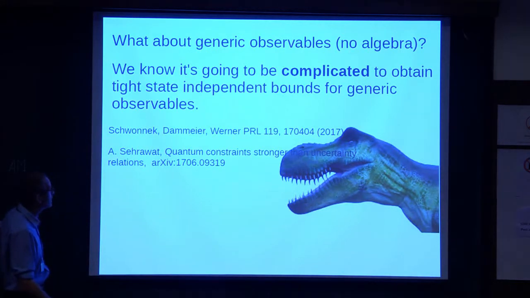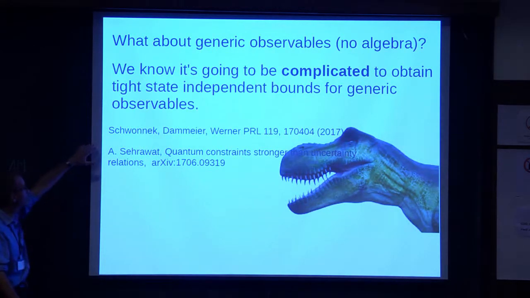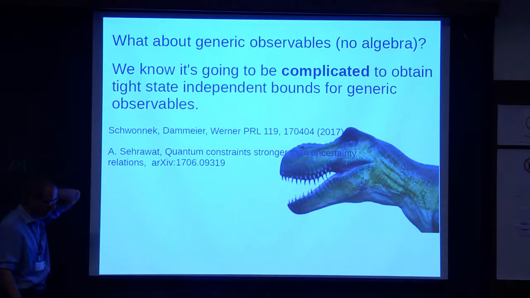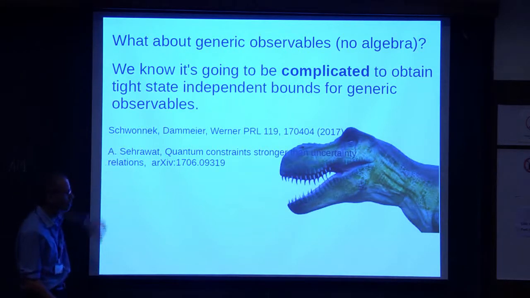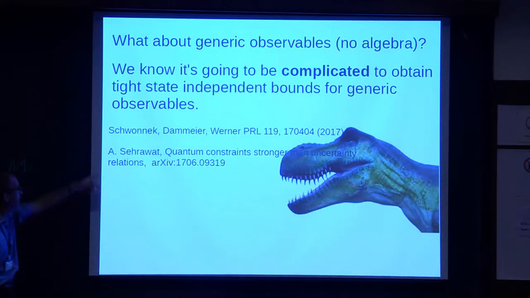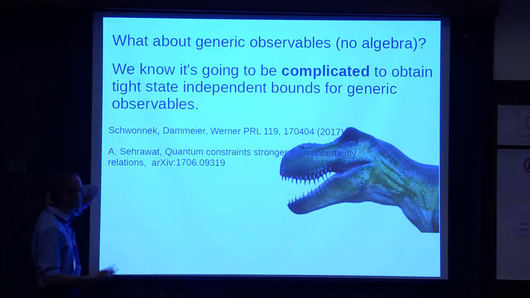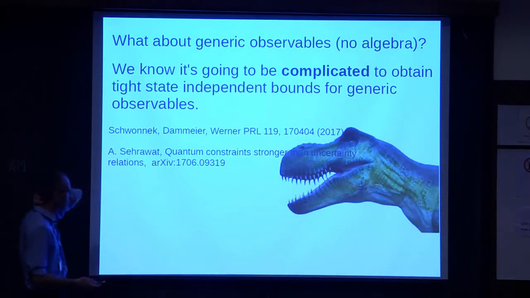And we know that because we have some results on this. For example, this paper by the Werner group gives a constructive but numerical procedure to obtain such lower bounds. It's very complicated. And also, Arun was giving a talk here on Monday, I think, about these kinds of things, and his procedure is rather complicated.